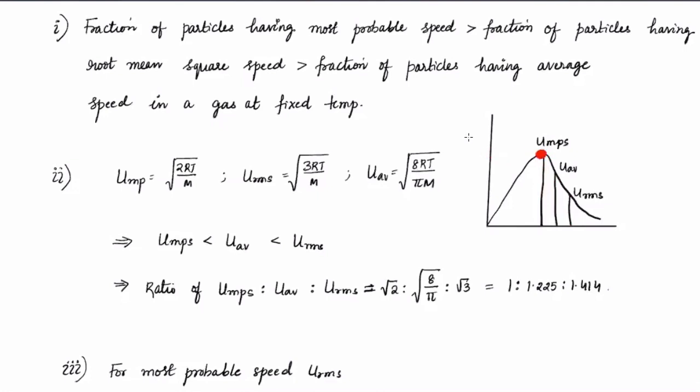So U MP is that point where you have the maximum number of particles. So you can see the fraction of particles at most probable will be maximum as compared to that of average, and compared to that of root mean square.